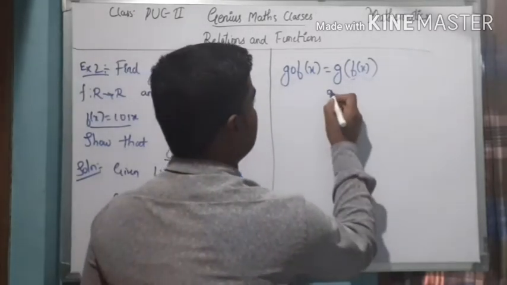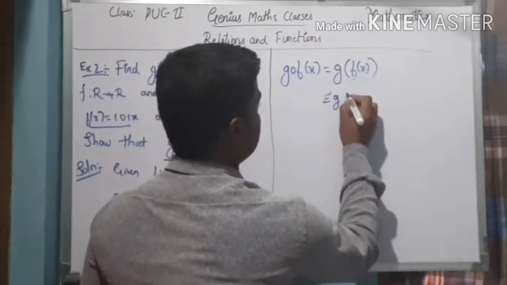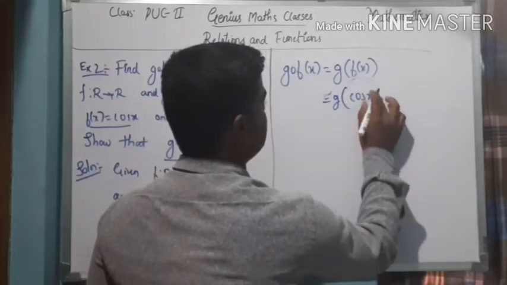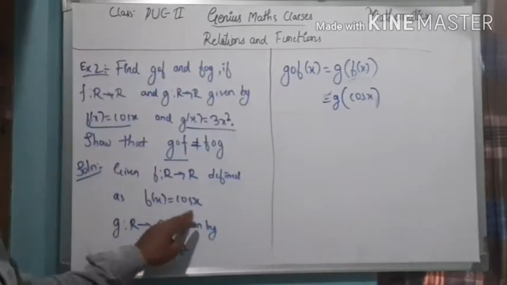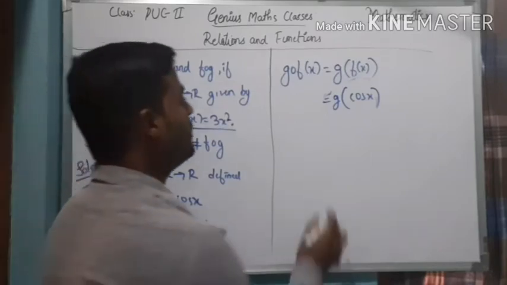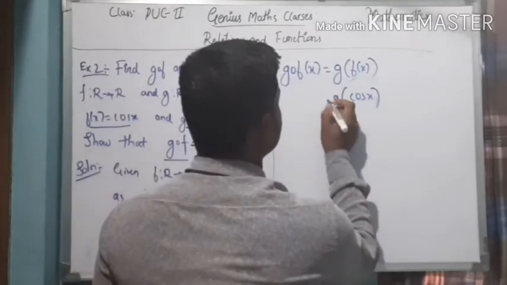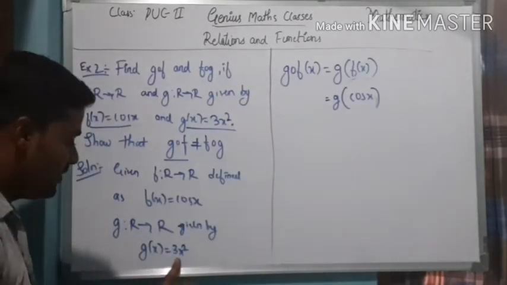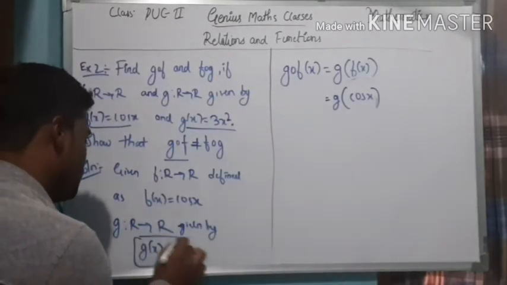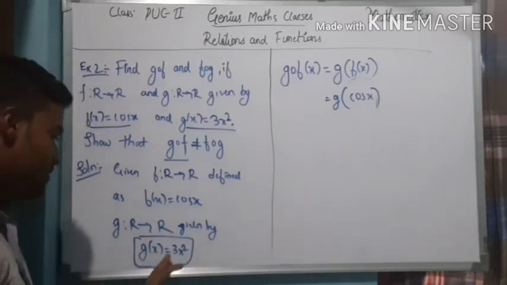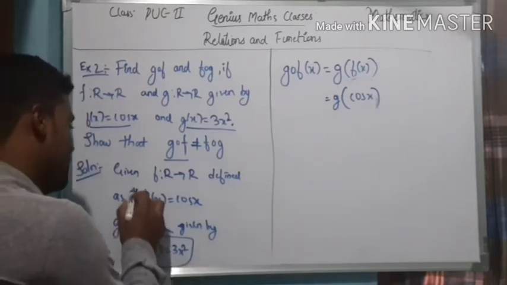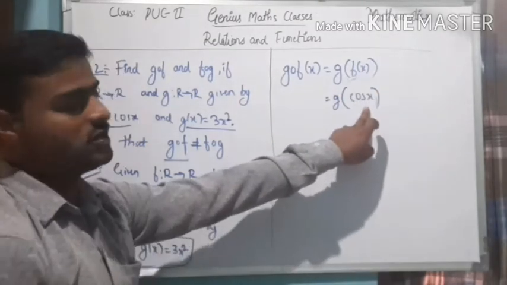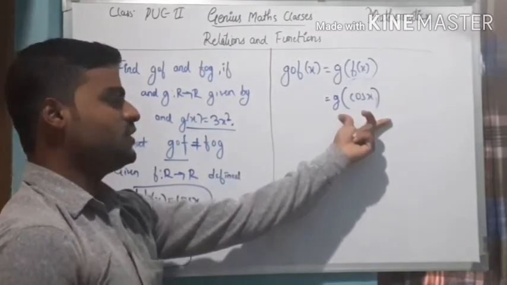Therefore, g of f of x, given f of x is cos x. Now we need to find g of x. What is g of x? g of x is 3x square. Now we need to find the function g.